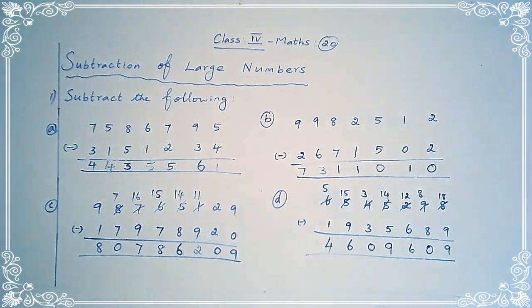Okay children, just write the heading, subtraction of large numbers. Addition over. So you write the heading, subtraction of large numbers. Write neatly children. Then after you write the question, subtract the following.